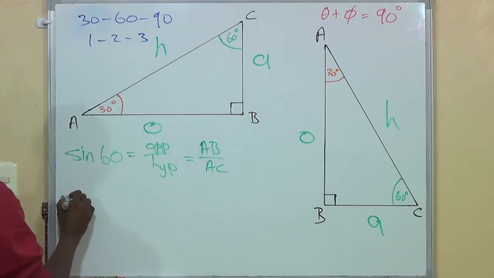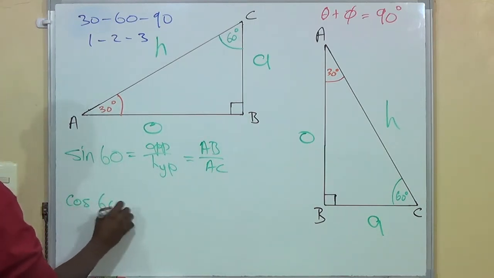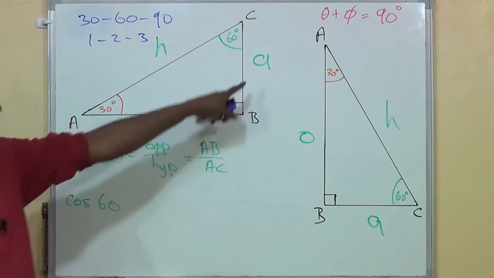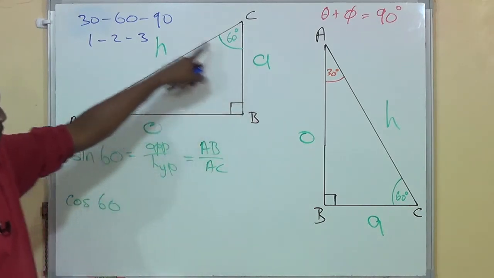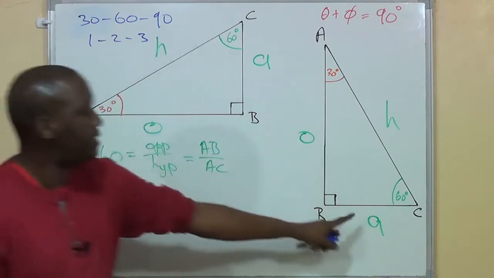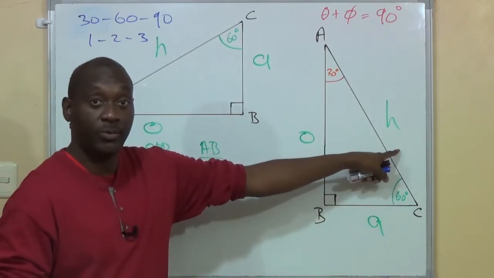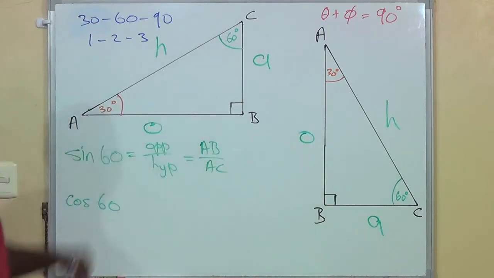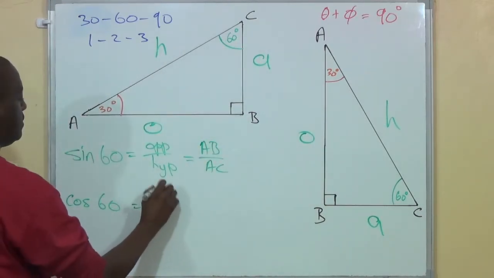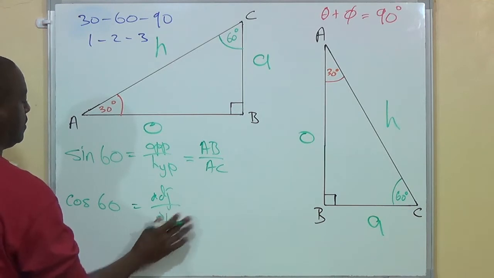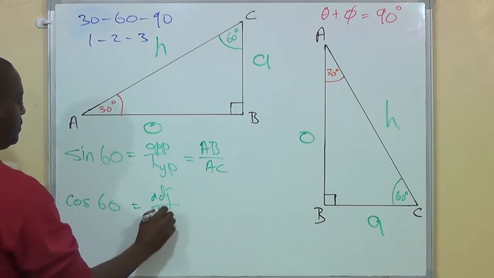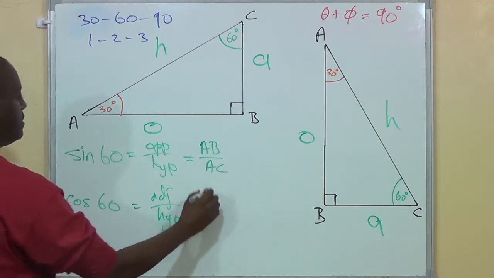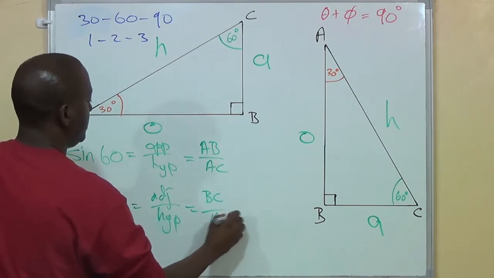You'll have the cosine of 60 will be the adjacent over the hypotenuse. In both triangles, it would be BC over AC. Adjacent over hypotenuse, which is BC over AC.